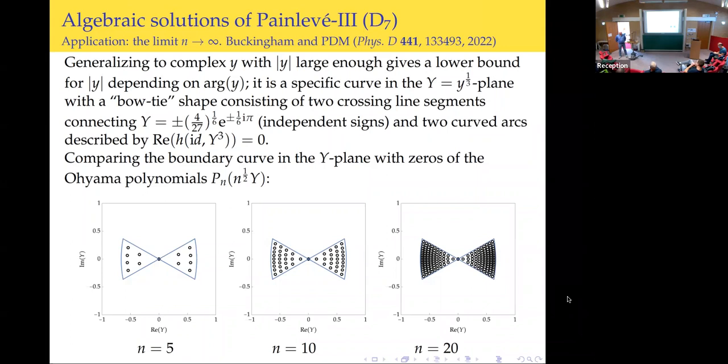However, it's a similar problem to finding the behavior of the orthogonal polynomials from the knowledge of the recurrence coefficients for large n. There are problems with that procedure, but you can still learn something in some cases. So it's probably analogous to that, I would say.